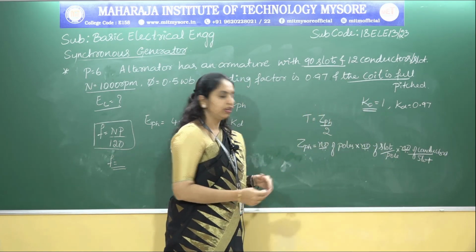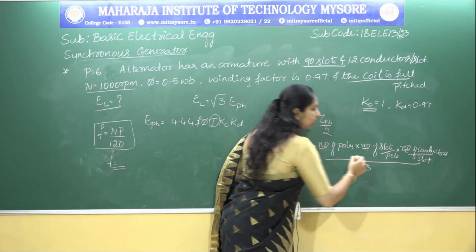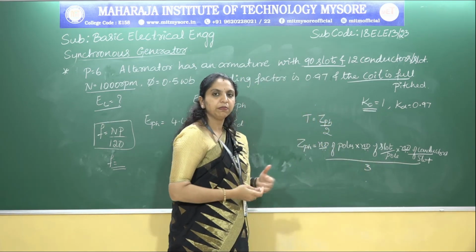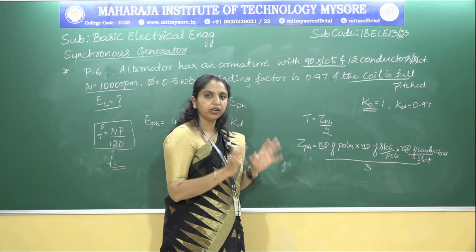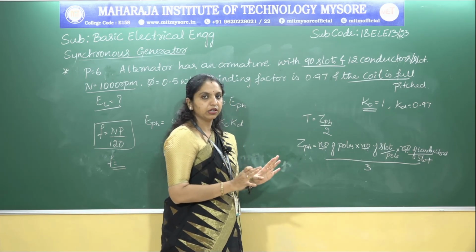So what is Zph finally? Zph is nothing but the number of conductors. Finally we should get the number of conductors.